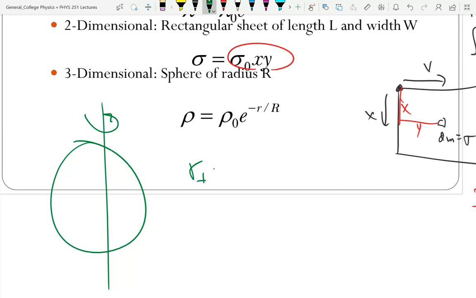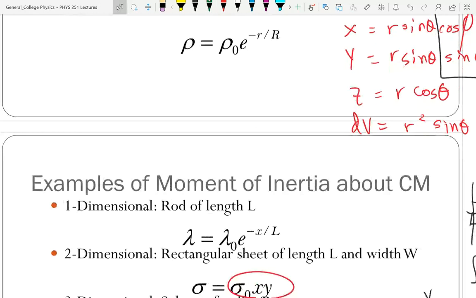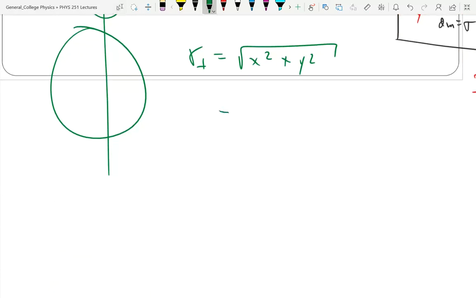perpendicular is going to be the square root of x squared plus y squared that we had before, right? So if we go to the x and y here, each one has r sine theta, and then one has cosine phi and one has sine phi.